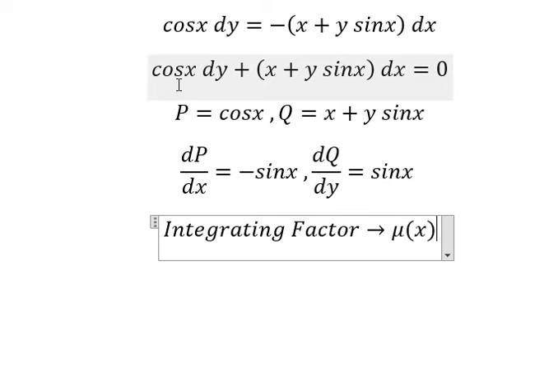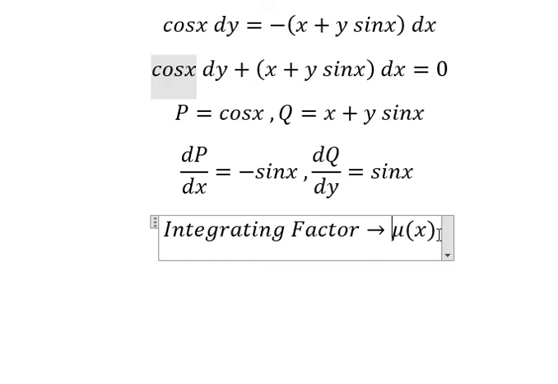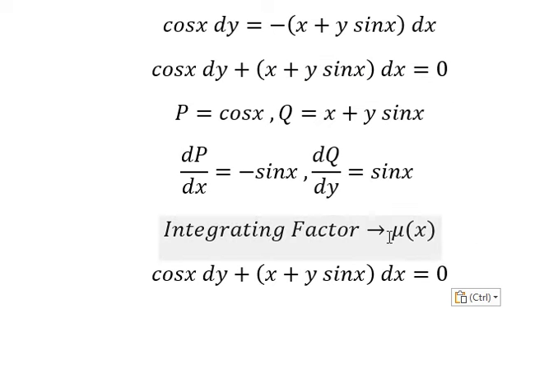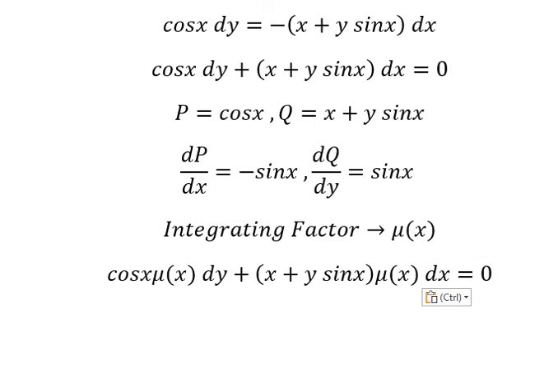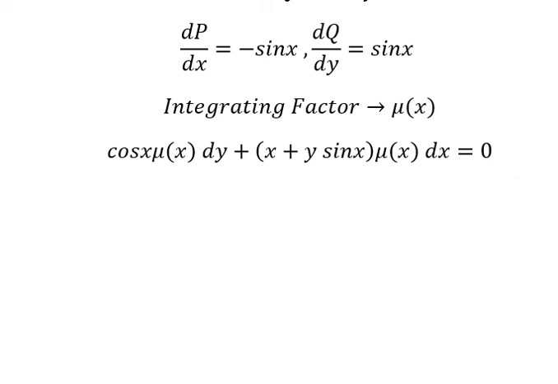So that we can get about cosine x from mu x. Now we multiply both sides by mu x. We want to put dp over dx equals to dq over dy.